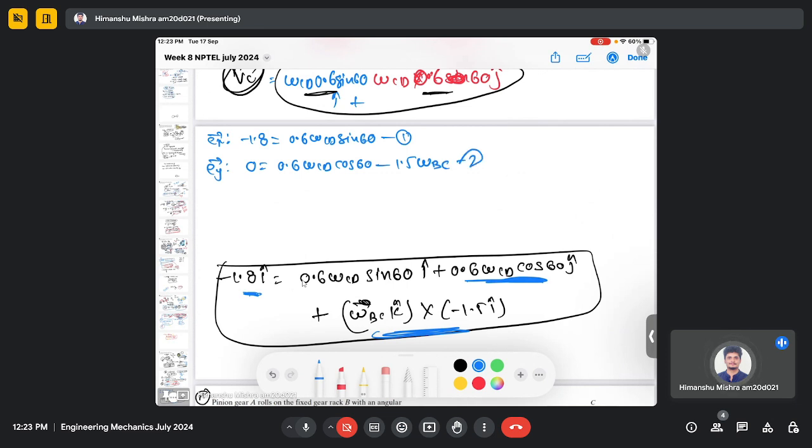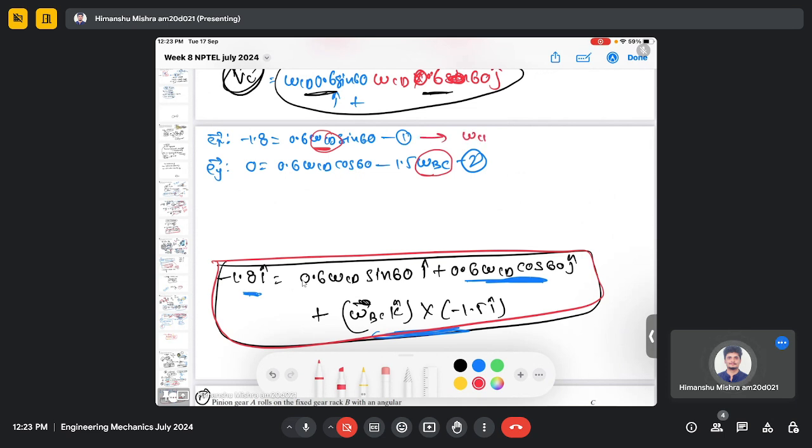So this is my equation 2. If you write down this vector expression in the x and y components, you will get two equations. From the first equation we can calculate omega CD, and once you get omega CD, from the second equation we can calculate omega BC, right?